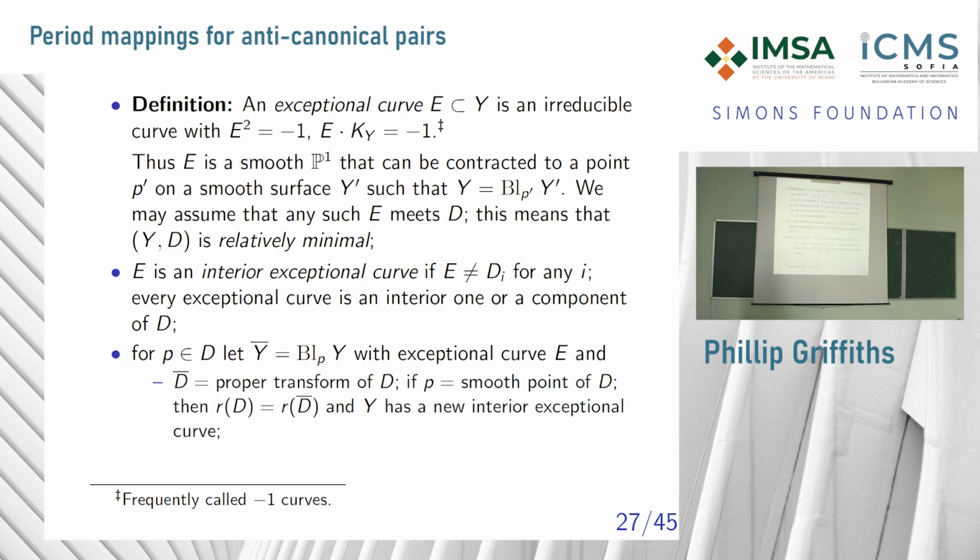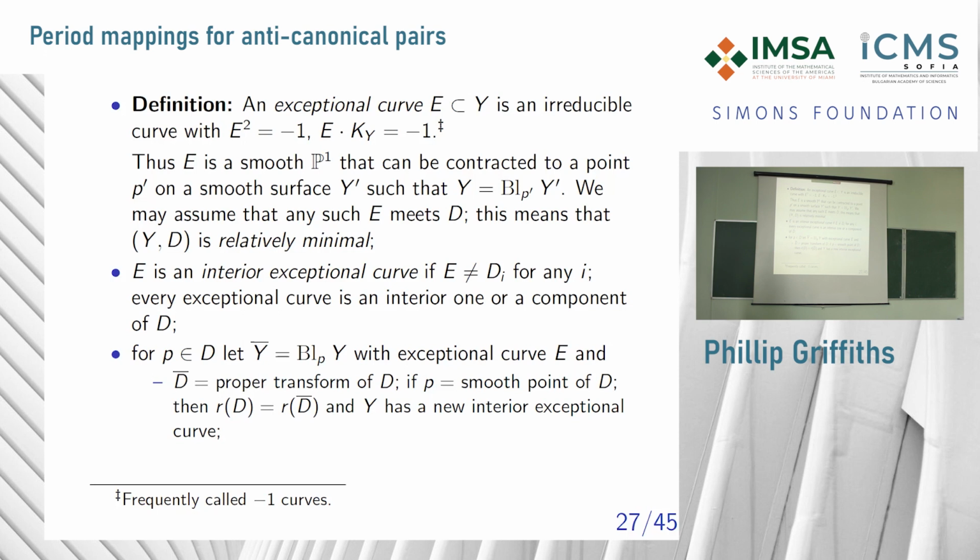It's an interior exceptional point if E meets D_i star, that is, it doesn't meet D_i at 0 or infinity. It's what you think by the word interior exceptional point. It's just a P1 that crosses one of the segments in the cycle in its interior. Okay. So that's the first thing that comes to mind for curves.